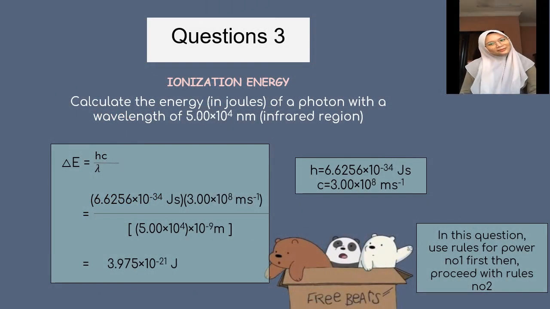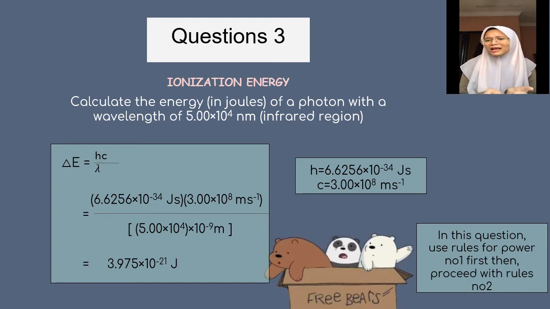So now let's proceed to question number 3. This question is in the topic of ionization energy. The question is, calculate the energy in joules of a photon with a wavelength of 5 times 10 to the power of 4 nanometer, infrared region. The h and c values were given.